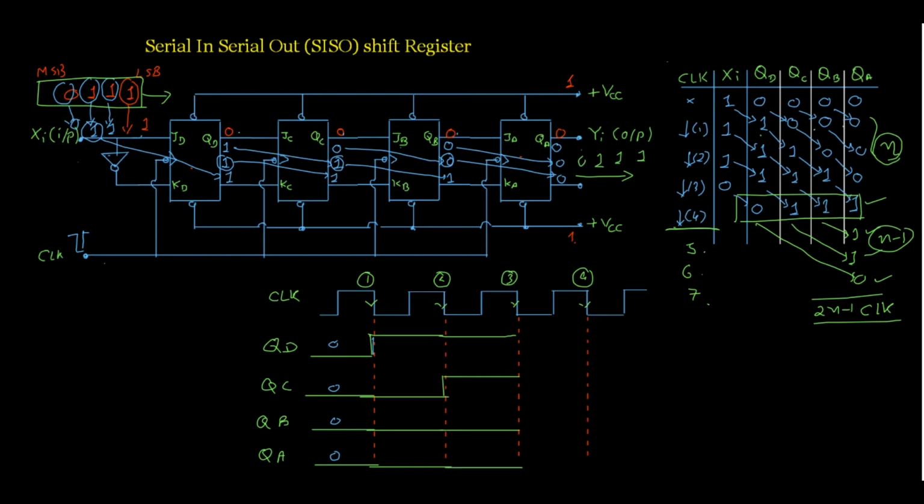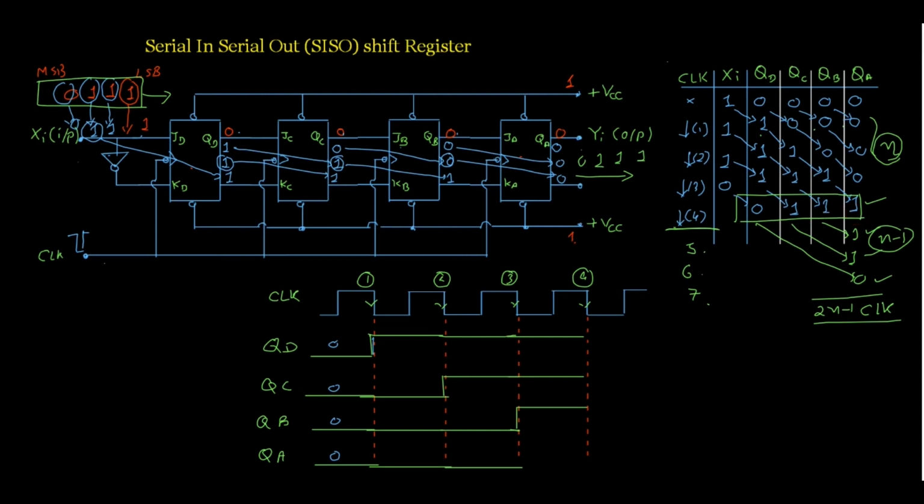Then with the third negative edge, QD, QC and QB all are high and QA is 0. So here this is high, this is also high, and QC becomes high. So we have this output. And with the fourth clock pulse, QD becomes 0 and QC, QB and QA all are high.